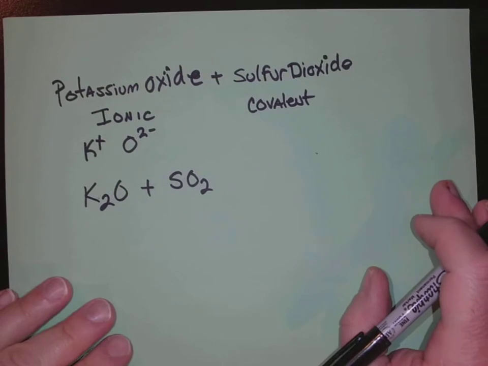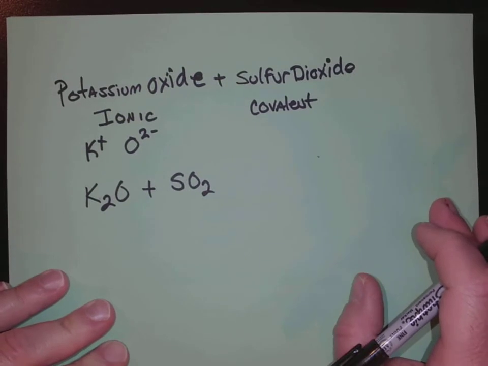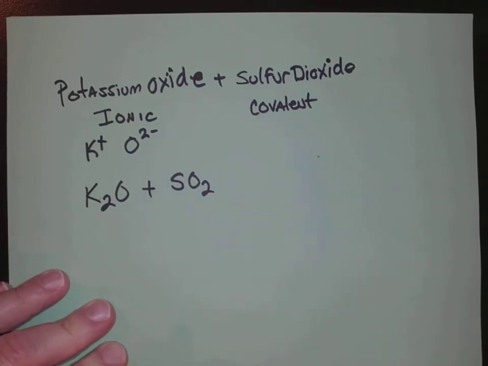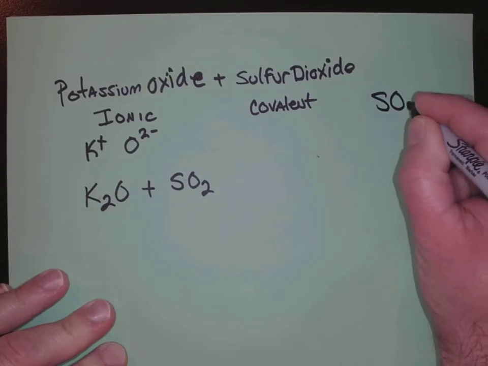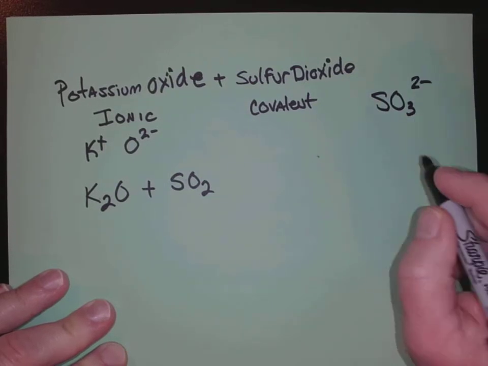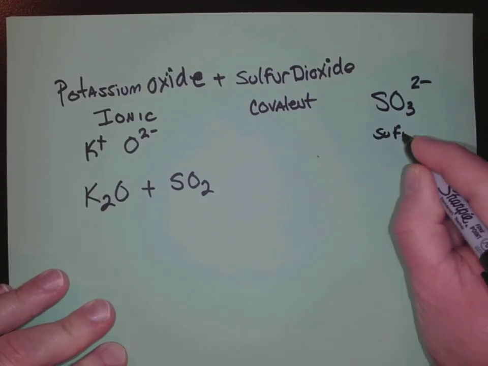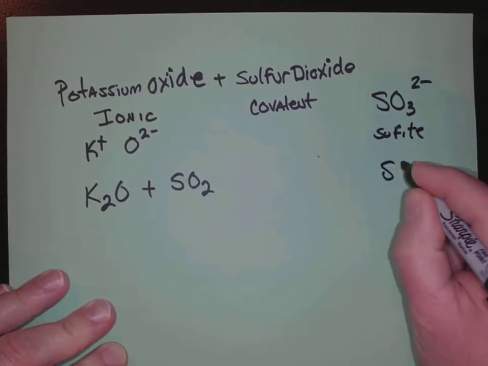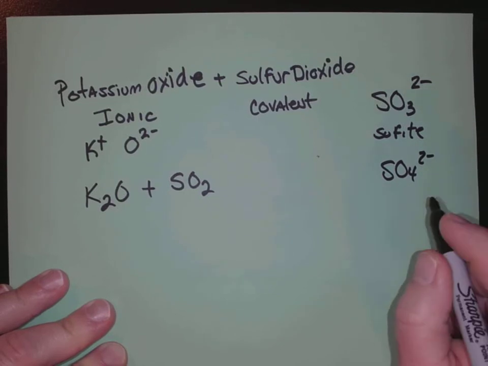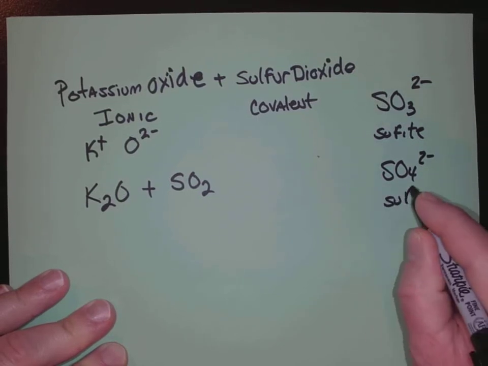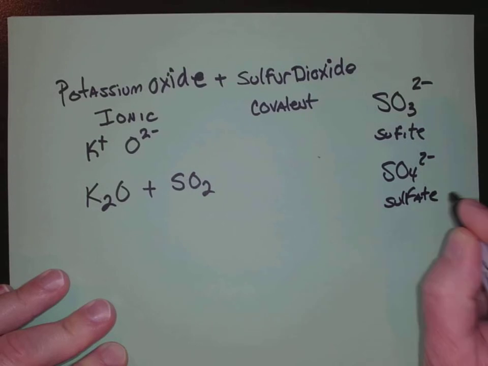All right, so this is a little more complicated one because we have two polyatomic ions with the stem of sulfur in it. You got sulfite and we got sulfate. Okay. So which one is it?